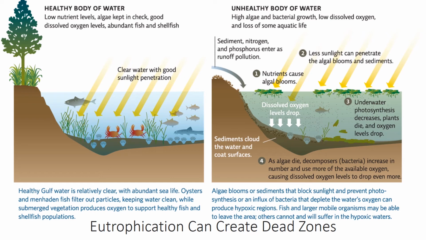Basically that causes sedimentation, which lowers the water clarity, but that increase in nutrients, of nitrogen and phosphorus, also causes algal blooms, and therefore that then blocks the amount of sunlight. Once those algal blooms die off, they go to the bottom, and decomposers start to munch up all that dead material, and that depletes the oxygen further.